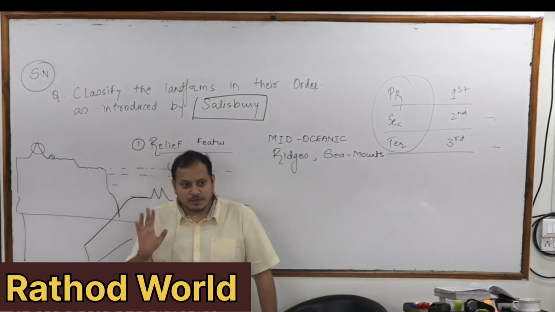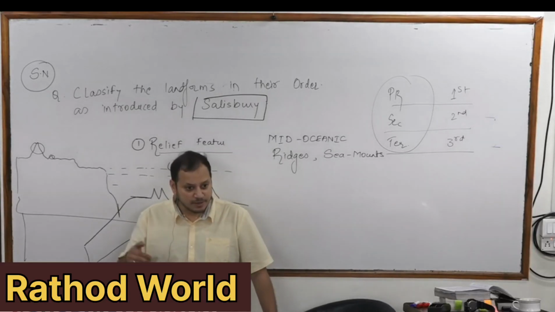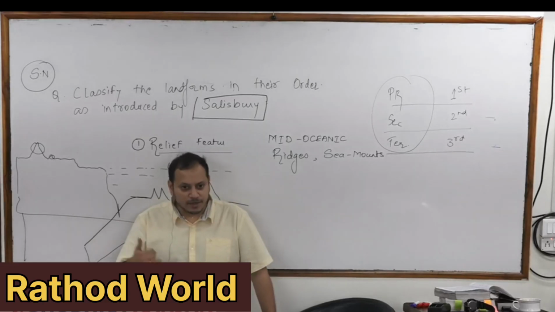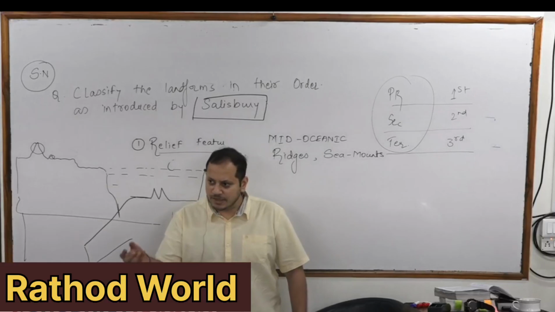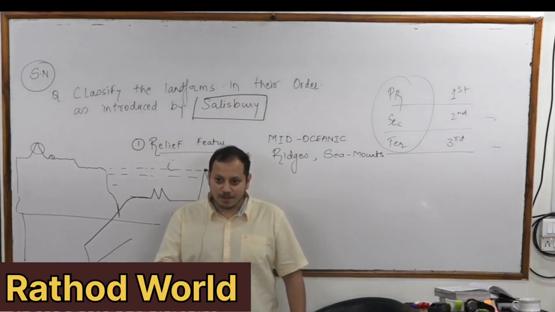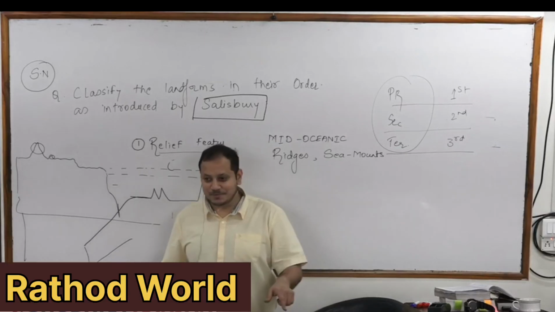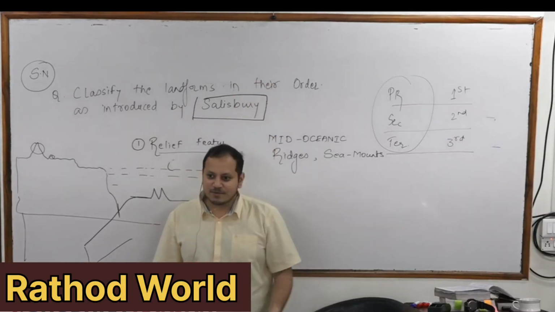Now tell me why the mountain is being formed. Folding or faulting? Endogenetic, exogenetic? Which one is it? Endo. Why is the mid-oceanic ridge being formed? Volcanic activity. Is volcanic activity endogenetic or exogenetic? Endo. Anything that is coming from the earth. Volcano, does it fall from the sky or come from the earth?